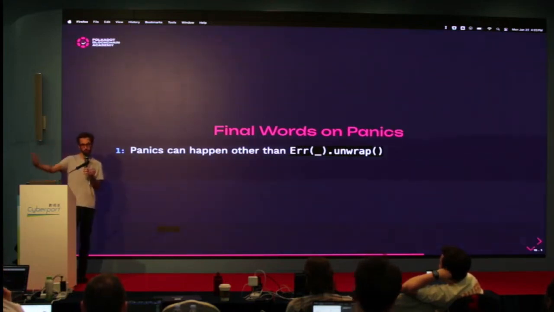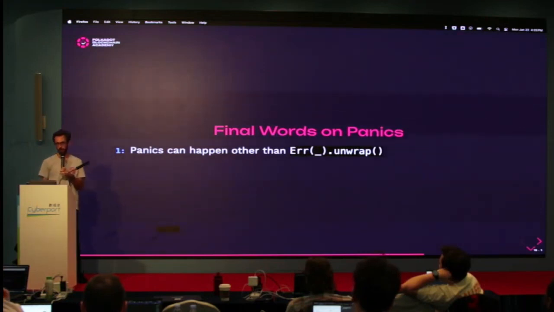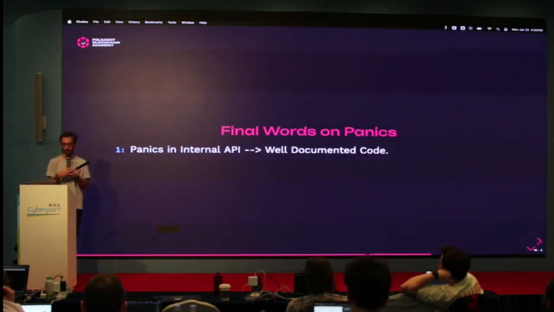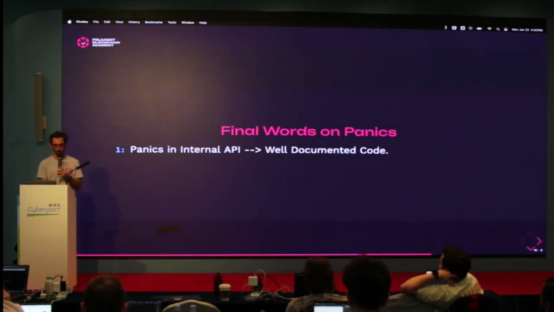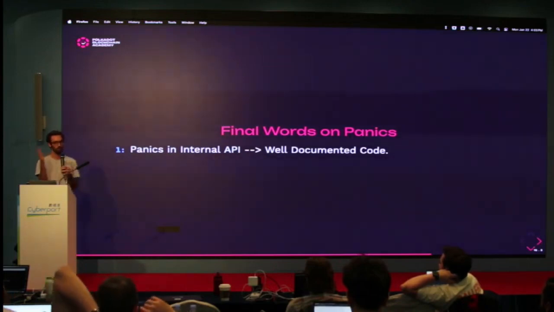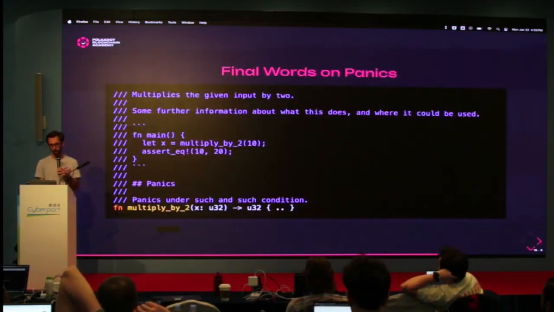You should read the documentation of that type. Especially when you're writing APIs that you expect others to use, or you are using some kind of API, it's a very nice thing to read other people's docs and write docs such that others can easily know if the function or API you're writing will panic or not.